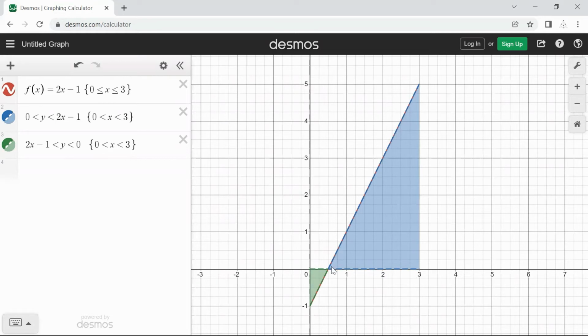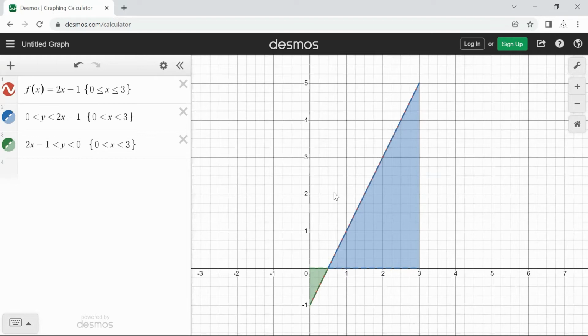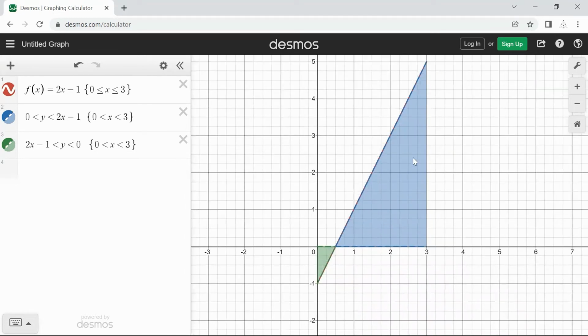The shaded region above the x-axis goes from 0.5 to 3 on the x values, and in y values, it goes from 0 to a height of 5. This is a triangle, so I can use the formula for the area of a triangle to calculate this signed area, and I can also use the triangle formula for this other signed area, which, x value wise, goes from 0 to 3, and y value goes from 0 to -1.